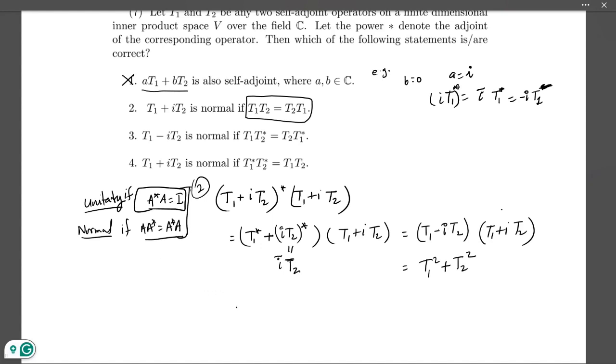Okay. So now let's see for T1 plus I T2. How did it happen? You just cancel I T1 T2 and I T2 T1 because of this relation. T1 plus I T2 star will become, by a similar thing, T1 minus I T2. Oh, same thing, this is same.